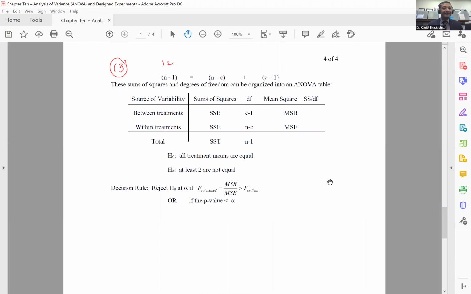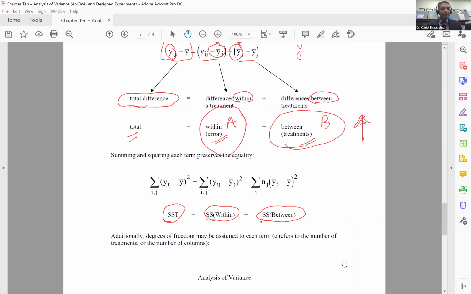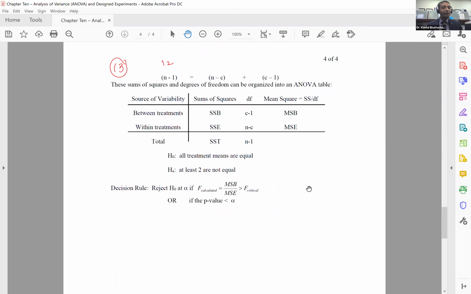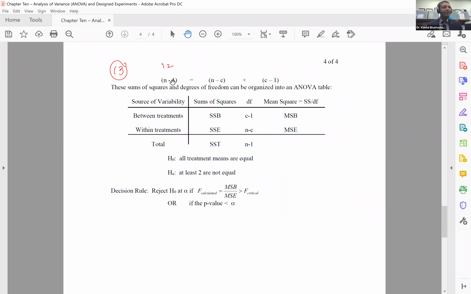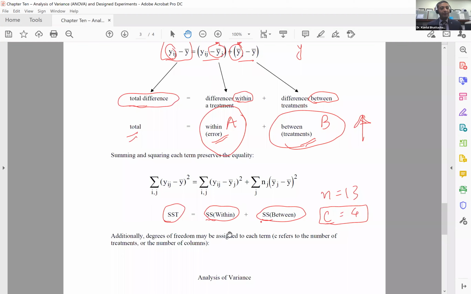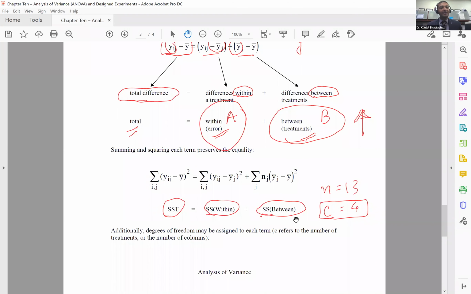In this case, C represents the number of treatments or the number of columns. Okay, so C is 4. So your N is 13 and your C is 4. C corresponds to the number of treatments. And so your total degrees of freedom is N minus 1 or 12, but that can be represented as N minus C plus C minus 1 for the within and the between respectively.